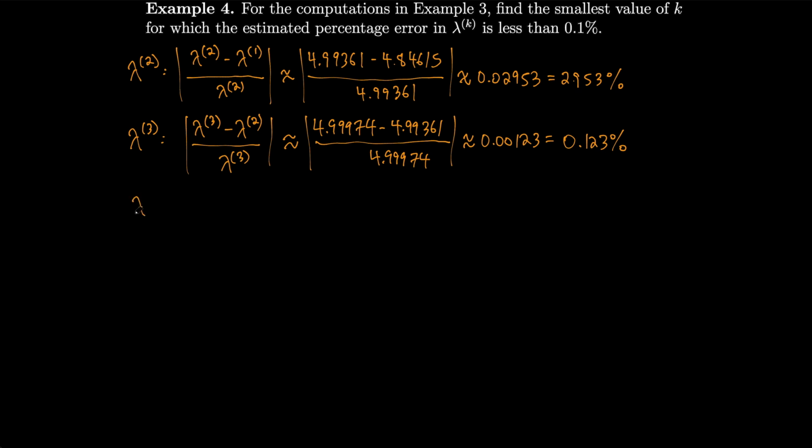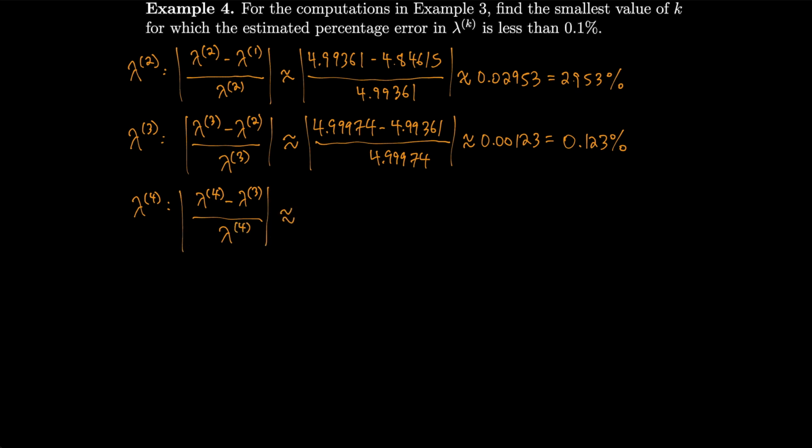How about for lambda 4? So then we'll take lambda 4 minus lambda 3 over lambda 4.